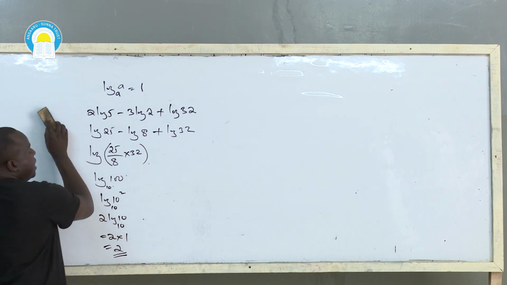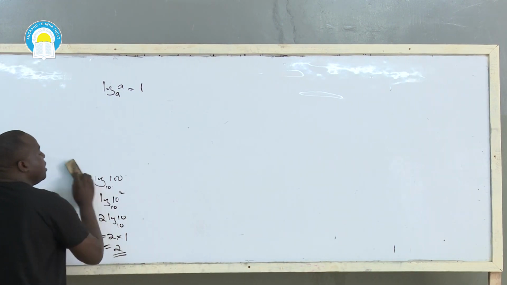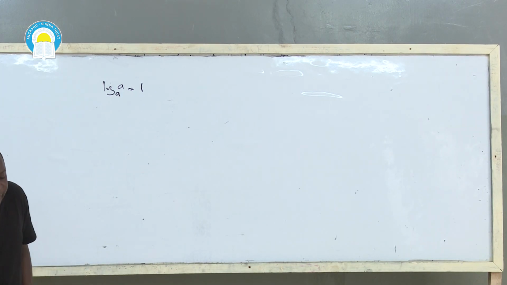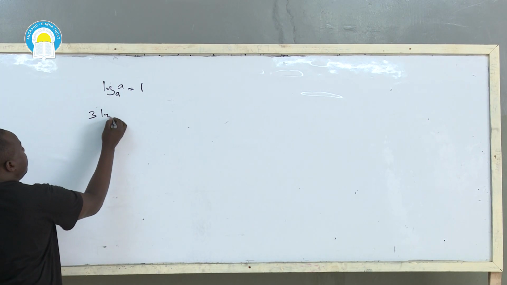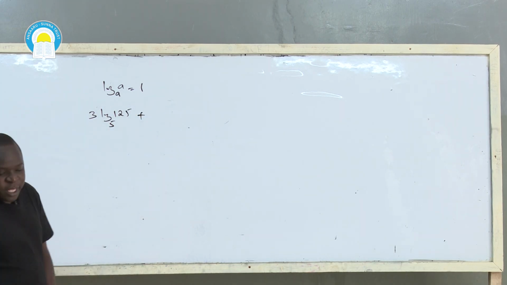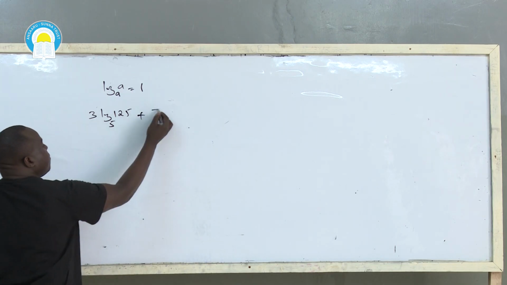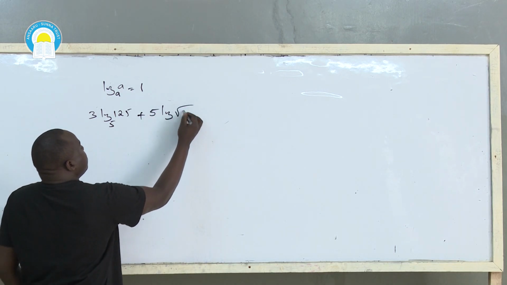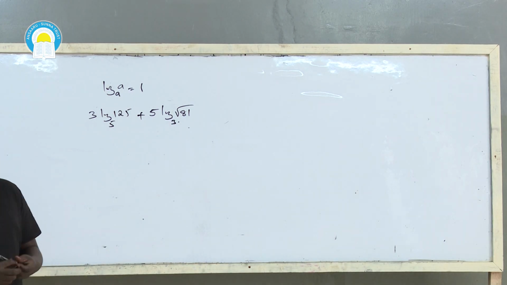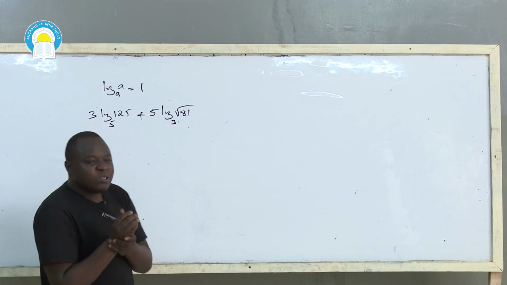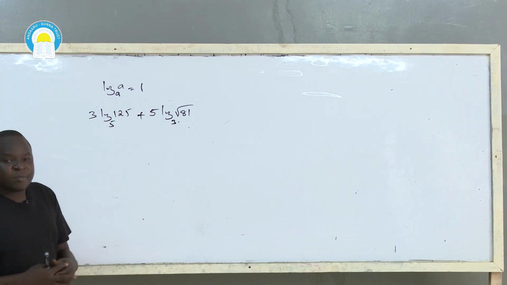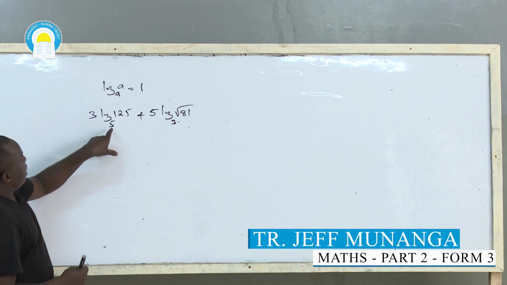Now the next example is for a question: 3 log 125, now I'm using a different base, not 10, then plus 5 log the square root of 81 base 3. Now, according to the laws of logs, you can only consider adding logs if the bases are the same. But now, look at these bases.